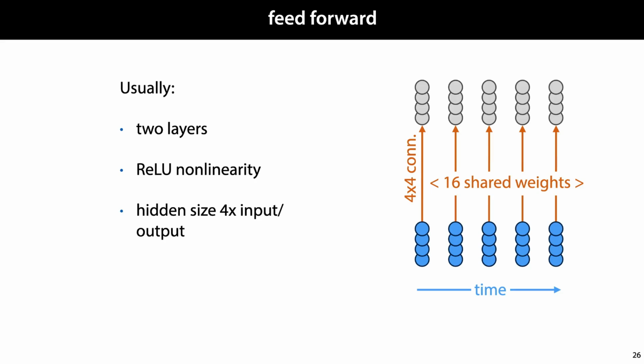The way this is usually set up is that a single feed-forward consists of two fully connected layers, where the first projects up to a hidden size of 4 times the input size, followed by a ReLU activation or a similar nonlinearity, after which we project down again to the input size with no nonlinearity.